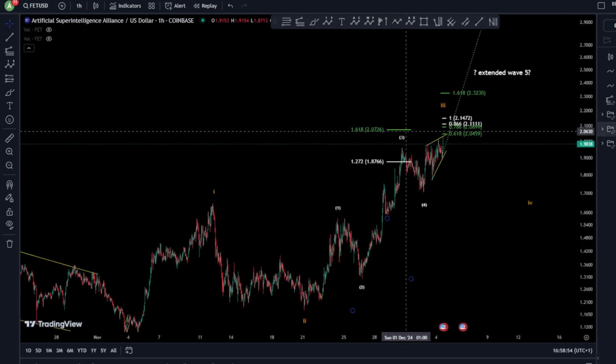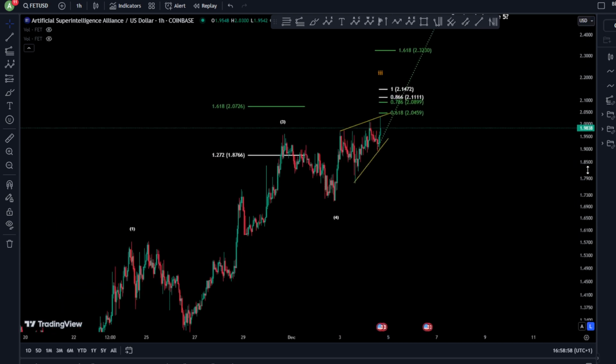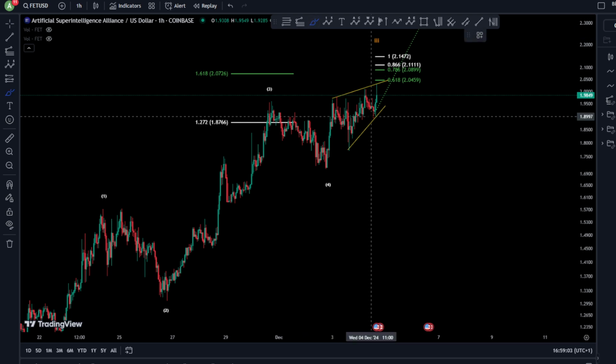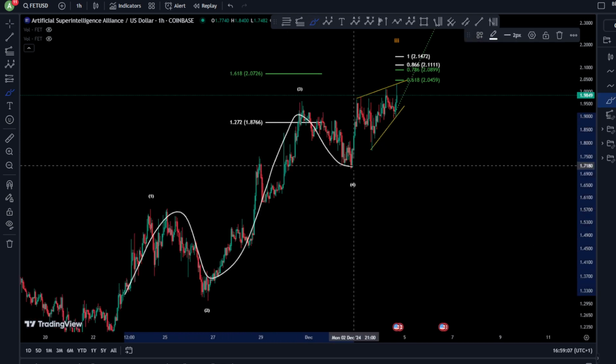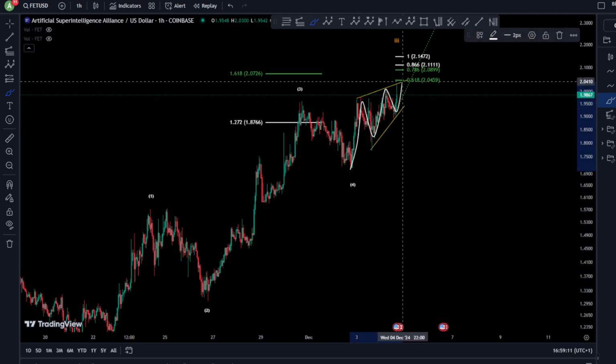And this reminds me of what is happening with Link right now. Link from 2 days ago has exploded towards the upside. We were in a very similar scenario with 1, 2, 3, 4, 5, and your wave 5 was an ending diagonal.